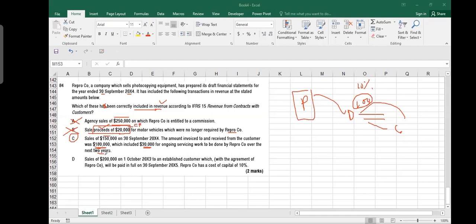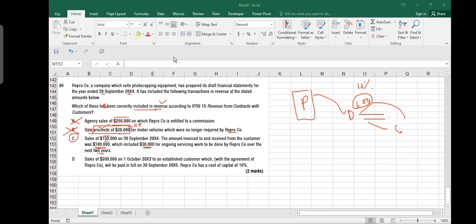The customer paid 180,000, but they did not take the full 180 into sales revenue, because 30,000 is for future servicing, and they excluded that 30 and only showed 150. So that's a proper treatment. If they recorded all 180, that would also have been wrong, because that is not the revenue. This is deferred income. This revenue will be earned in future.